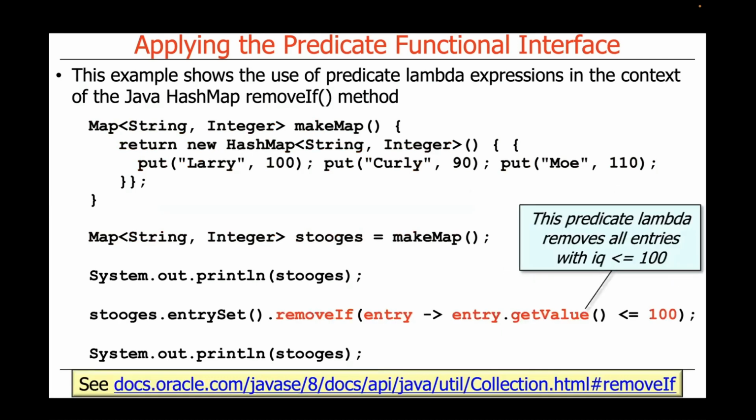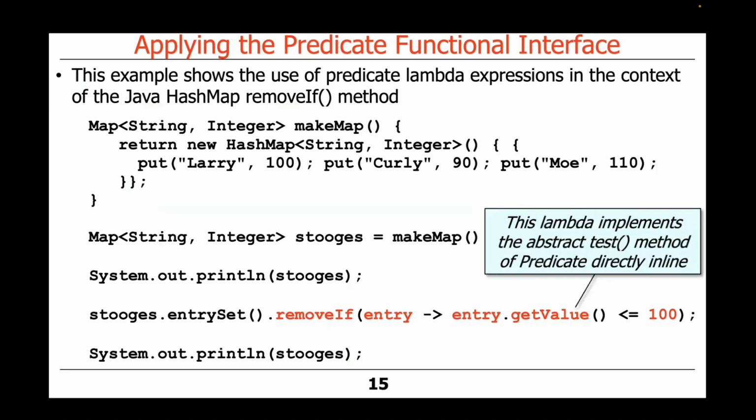And then what we're going to do is use a predicate lambda that we show down here to remove all the entries in the map where the values, the IQs, are less than or equal to 100. So we're going to call the removeIf method on the set of elements in the map, and we're going to remove anything that's less than or equal to 100. And what will happen is that this lambda expression is actually used to implement the test method of the predicate inline.